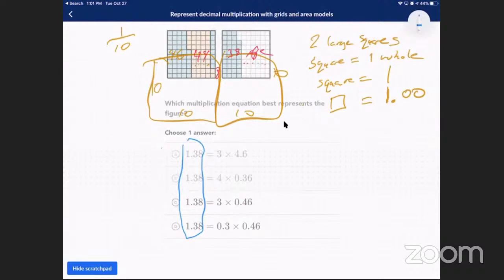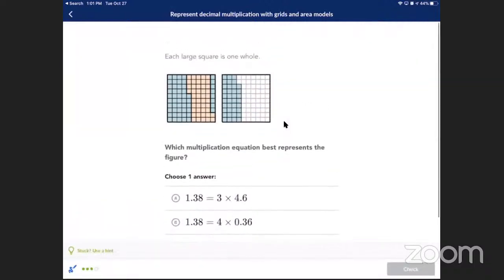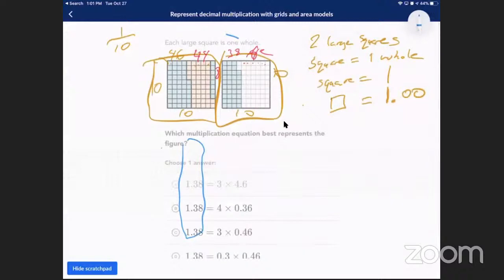Looking at our numbers here, it looks like we're adding this colored shade to this colored shade. So going back to what we have here, this is 46, and that's 38. We have 46 plus 38, and then we have here 44.